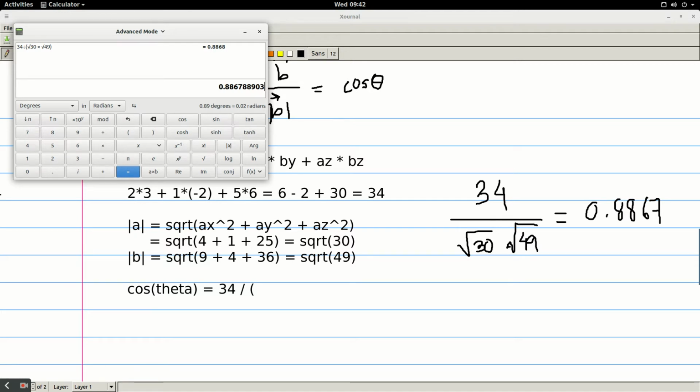Probably that's how you do it. Okay, so I get 27.52.